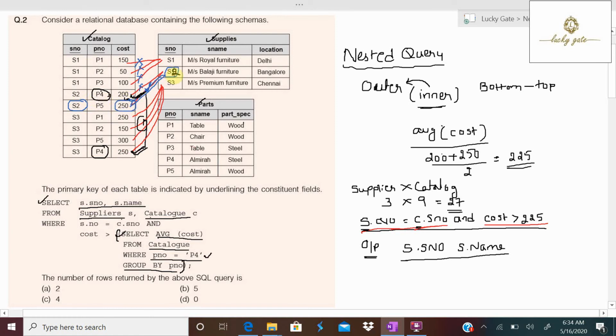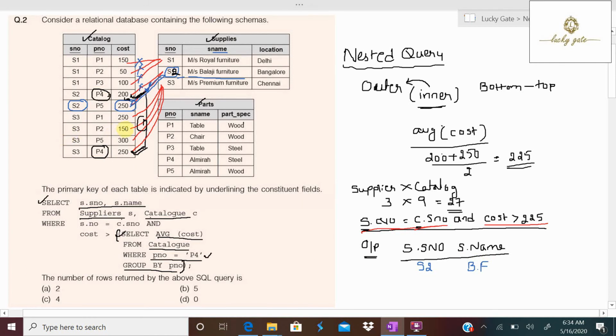For this matching row, it is going to display s number and s name in the output. So here s number is S2 and s name is Balaji Furniture in the output of the final query. For that combination, that is S2 and Balaji Furniture in the output.